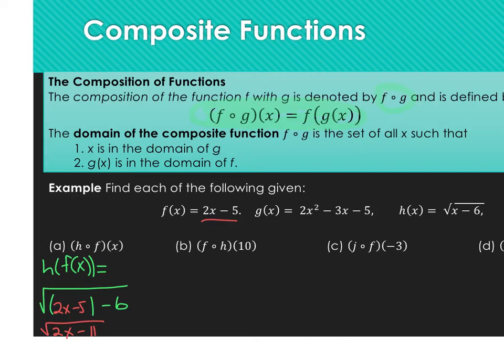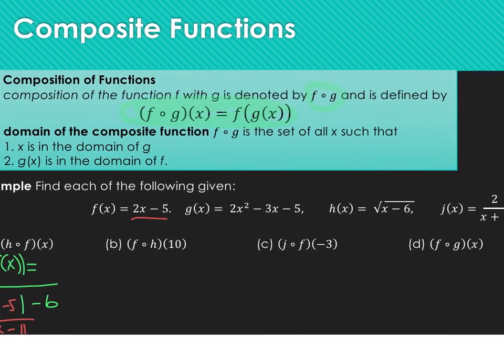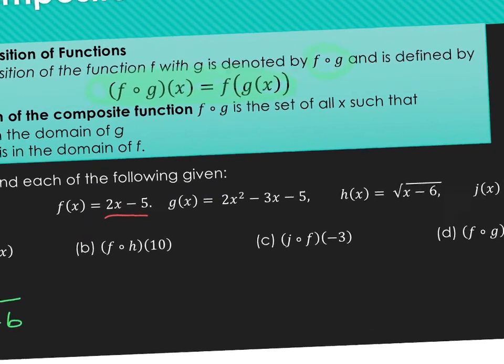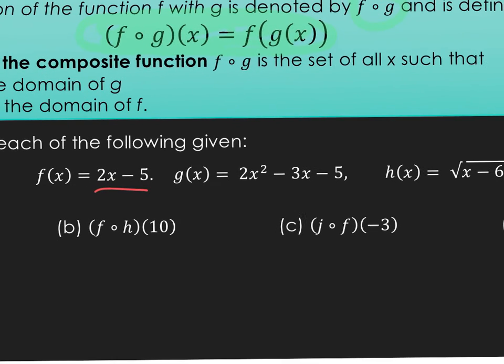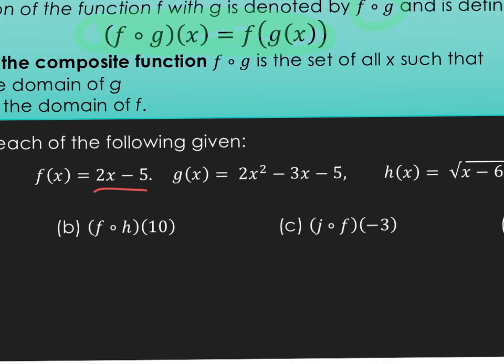Now if we look at b, b says we're going to find f of h of 10. Now there's two technically correct ways to do this. You could find f of h of x first and then insert the 10. I would recommend a different method.